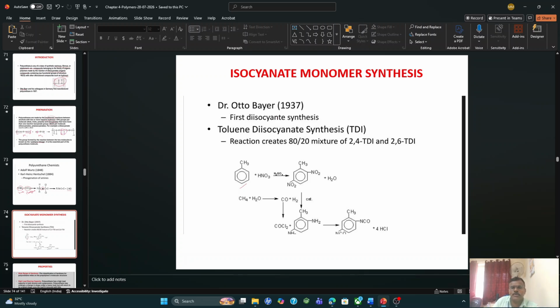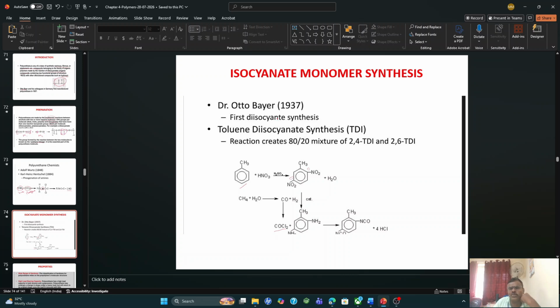This mixture will produce the nitronium ion that will be substituted at the ortho and para positions. For toluene, for the CH3 phenyl, this is an ortho position, this is an ortho position. So ortho dinitration plus water. Again, methane, when it is treated with water, gives carbon monoxide plus hydrogen. And these two, after reactions, end up as COCl2, that is phosgene.